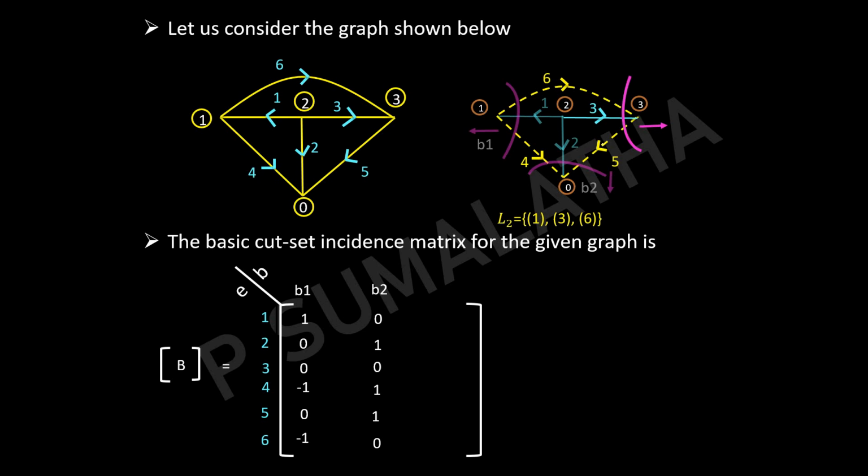So the fifth element carries minus 1, and 3 and 6 carry plus 1, and the remaining elements carry 0 because those elements are not incident to basic cut set 3. Now let us fill the values. This is how you will form the basic cut set for any given oriented graph.